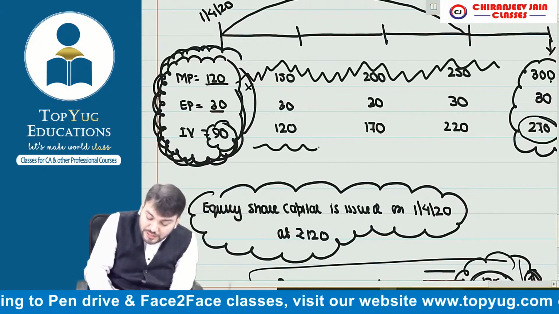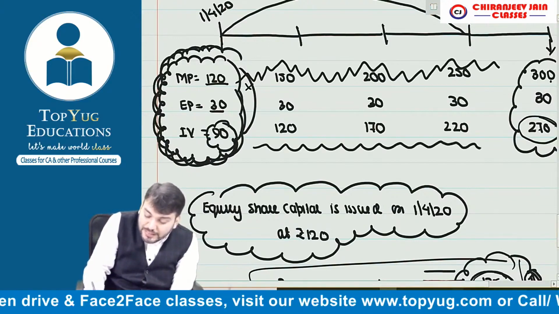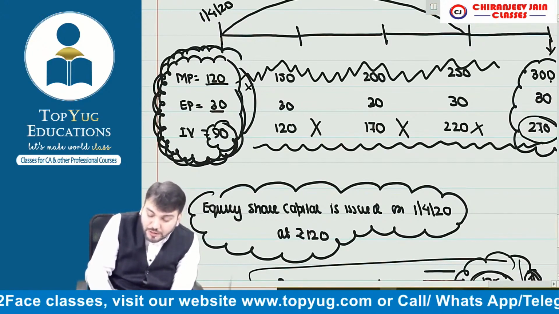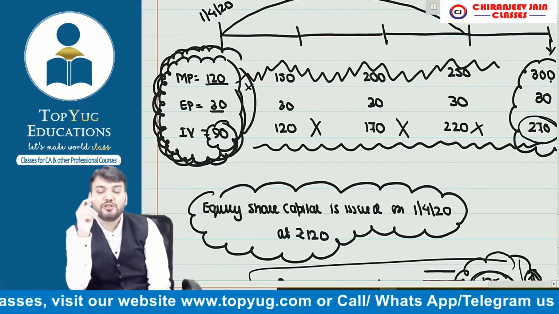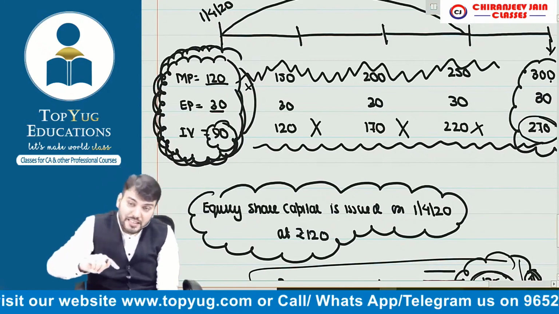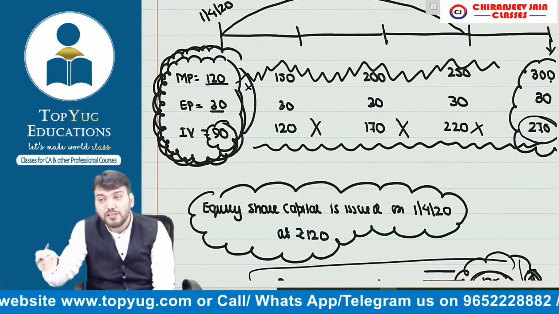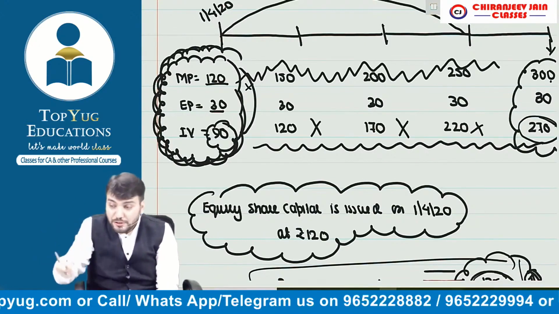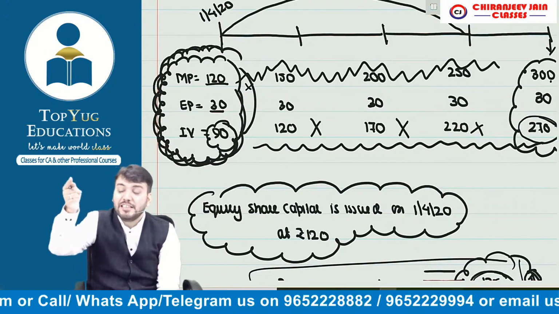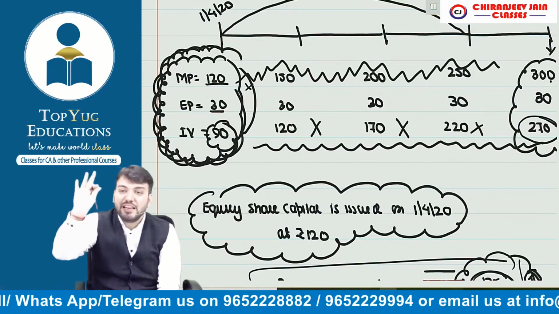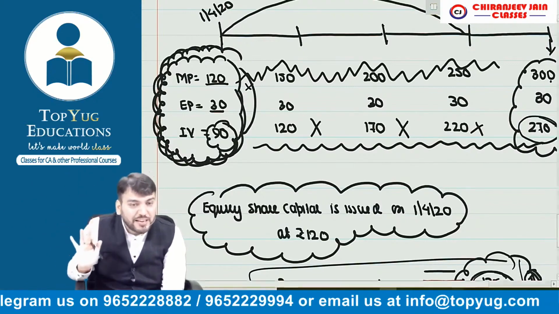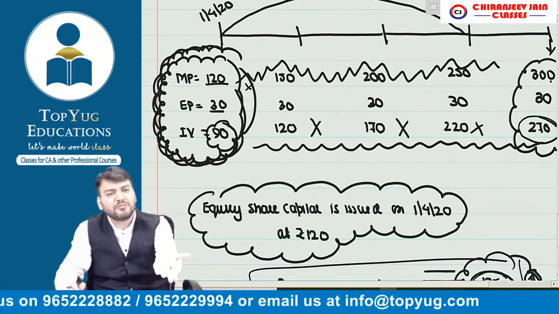So due to changes in the market price, if the intrinsic value of the option changes, that should not be considered. Have you understood this point? This increase or decrease in the value of option belongs to whom? Employee. So if the value of options is increasing, the employee will become happy. Shareholders, means the company, will not become happy or sad because of this. They have already announced the options.